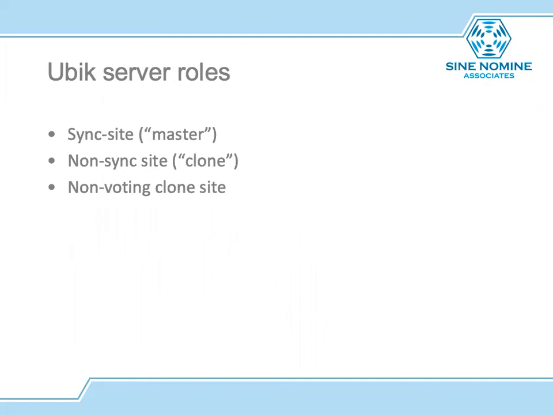So if you are an Ubik server, let's say we have 3 servers within a vlserver quorum within a cell, and each of them has a different role within the cell. Because of the design of Ubik, which I'll get to in more detail in a few slides, there can only ever be one sync site elected within the group of servers that are participating in that cell.